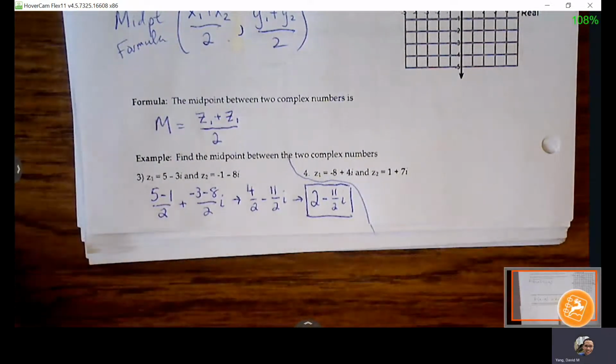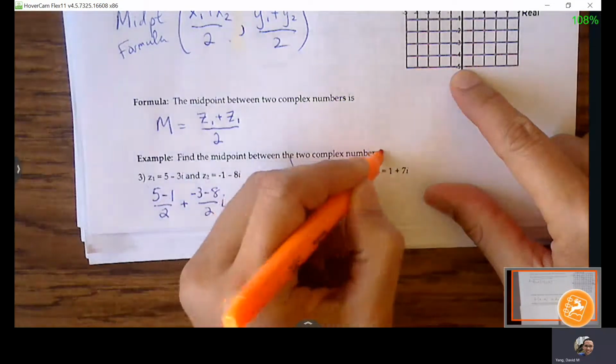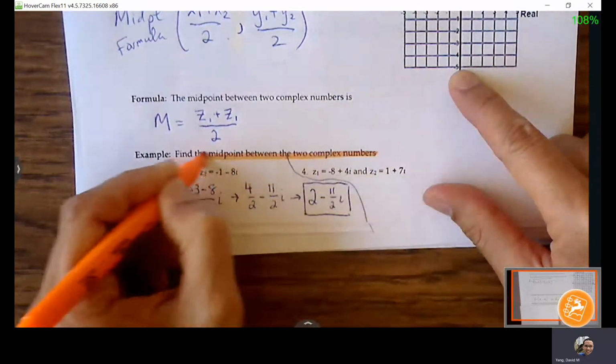Okay. Try number 4. Find the midpoint between the two complex numbers. And this is the third problem that you're going to see on the check-in quiz tomorrow.